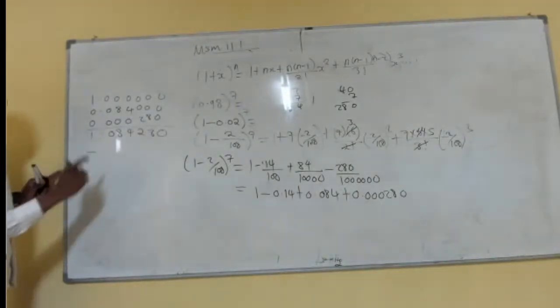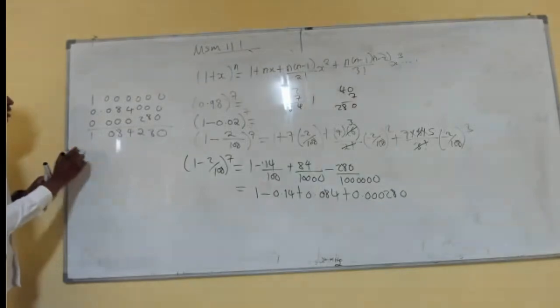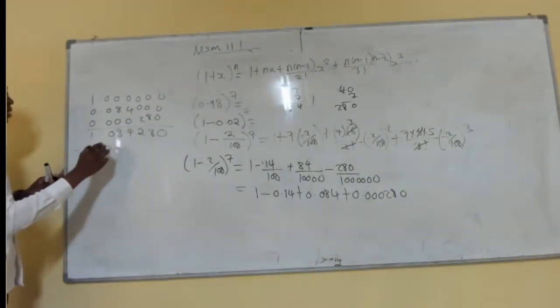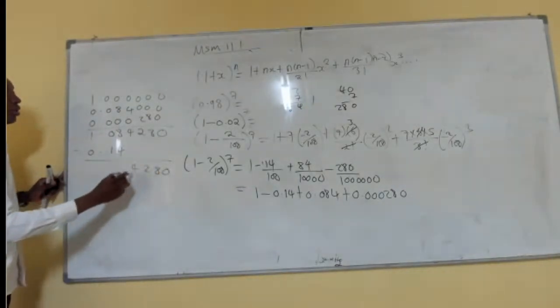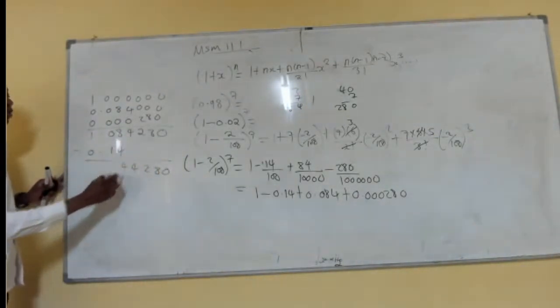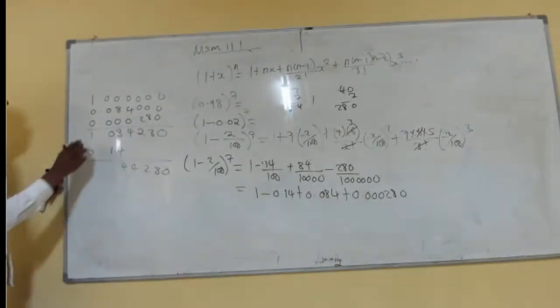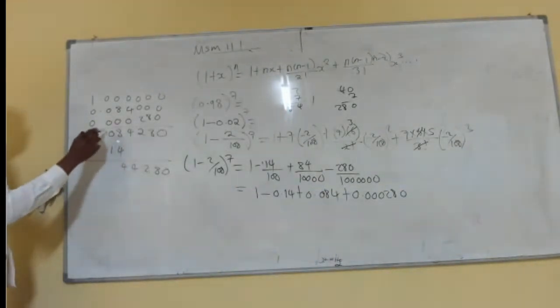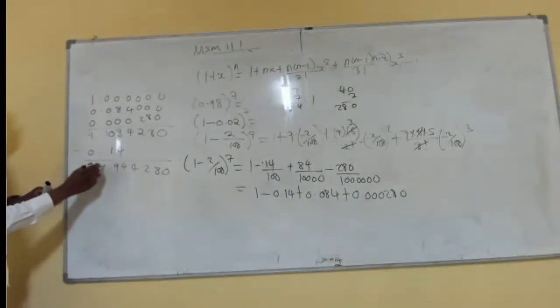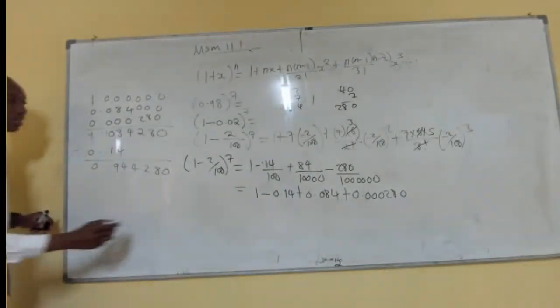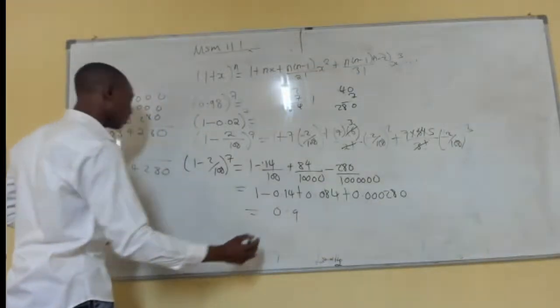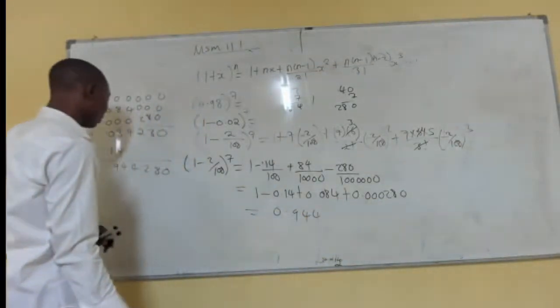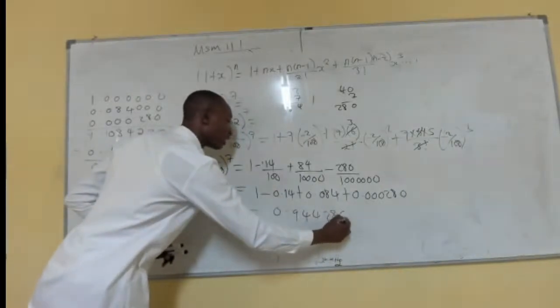Minus 0.14, because it's the only one with the difference. So we have 0.824, 8 minus 4 is 4, 0 minus 1, you can borrow 1 from there, 10, then you have a 9 point, here 0. That's your final answer: 0.944280.